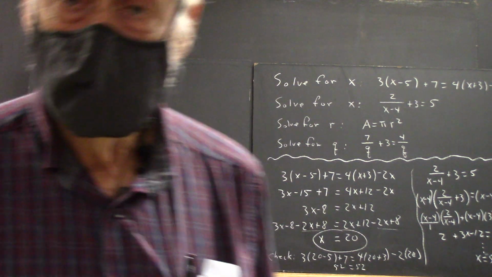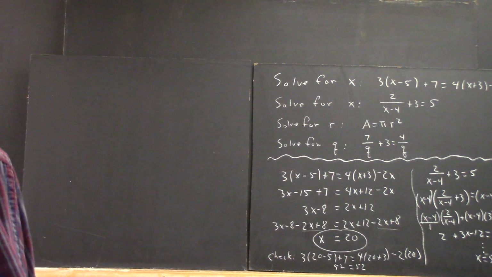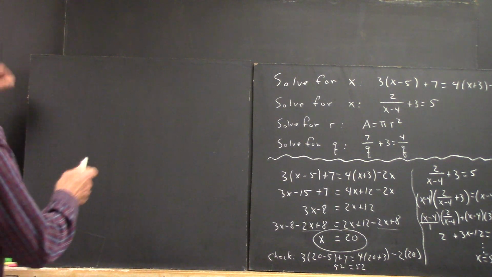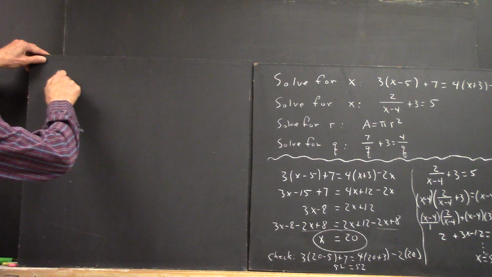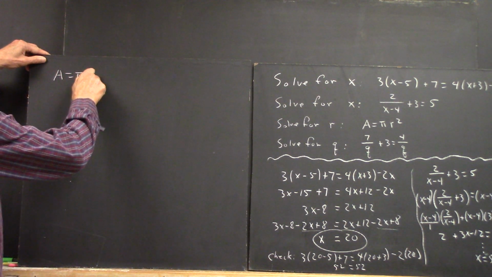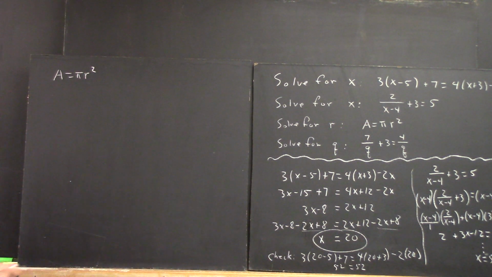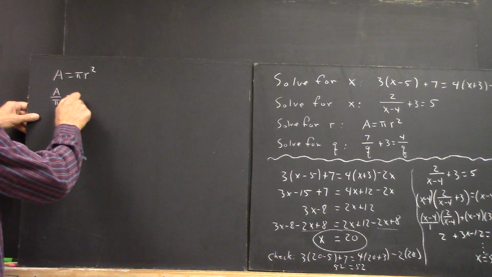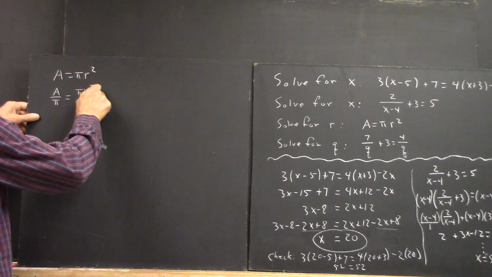Now, there's one technicality that we're going to talk about, and it's going to be important in a couple of weeks. A equals pi r squared. So we divide both sides by pi.